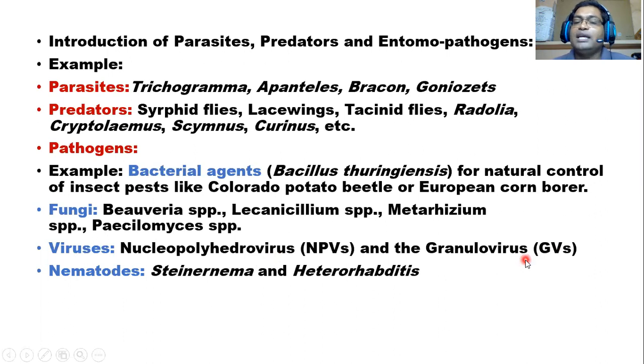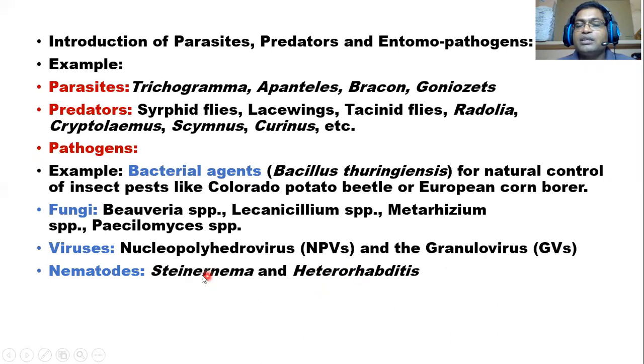So the larvae will die. And entomopathogenic nematodes you can also know, Steinernema and Heterorhabditis. These nematodes penetrate the insect body and eat the contents inside the insect. These nematodes do not kill the insect; it is killed by the bacteria associated with the nematode.